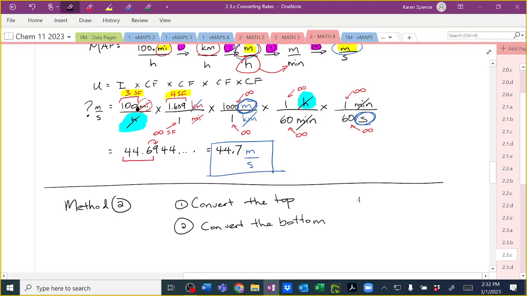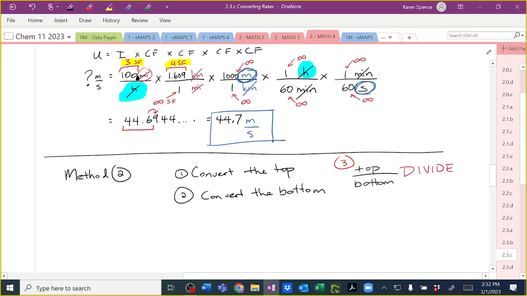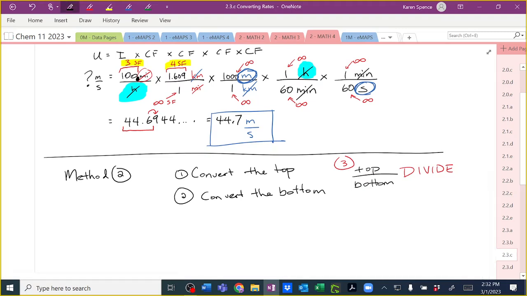Then we take the top and we put it over the bottom, and we divide, which is step 3. So what does that look like? Well, we are still trying to go from 100 miles per hour, and we're trying to convert to meters per second.